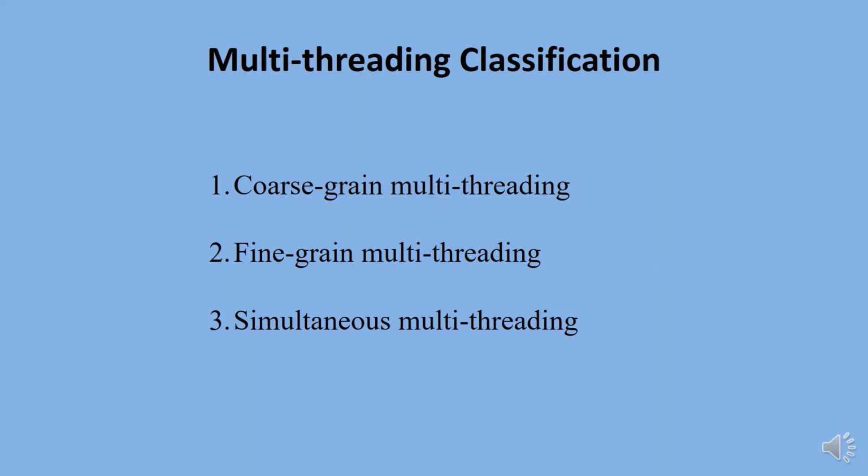It refers to switching between threads on the occurrence of any pipeline stall which may be caused by, say, L1 cache miss. But this term would also apply to designs in which processor clock cycles are regularly being shared amongst executing threads, even in the absence of a pipeline stall.